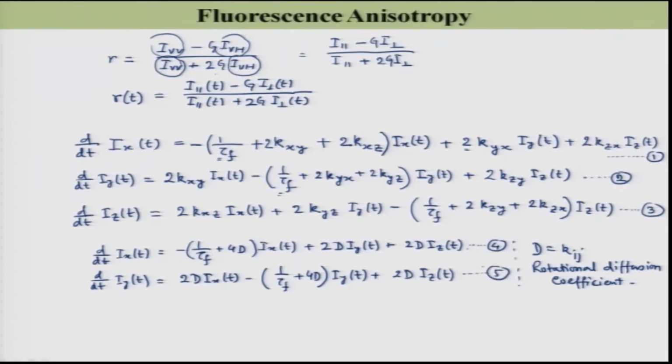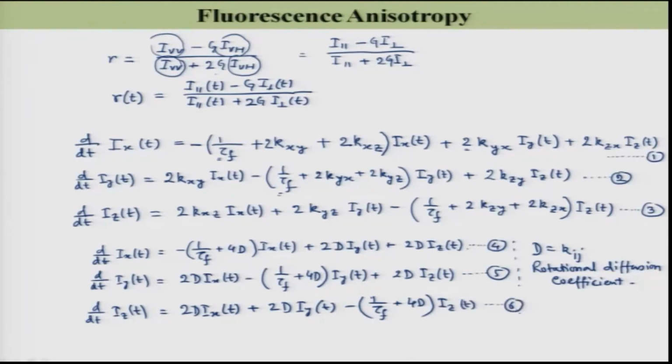Let us see, this is equation number 5. And d/dt of I_z(t) is 2D I_x(t) + 2D I_y(t) minus (1/τ_f + 4D) into I_z. Let us say this is equation number 6.